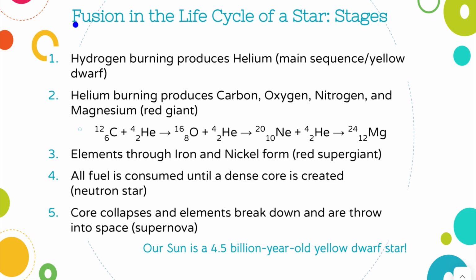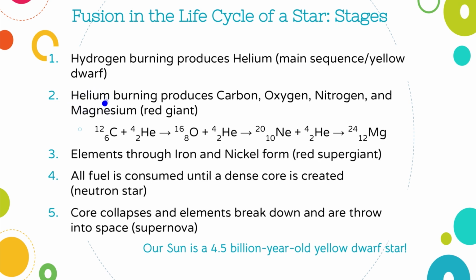Fusion is what fuels stars, and so the stages of those stars are based on what step and what elements are undergoing fusion. Hydrogen burning produces helium, so the fusion of hydrogen atoms, when that is happening, those are stars that are considered main sequence or yellow dwarfs.